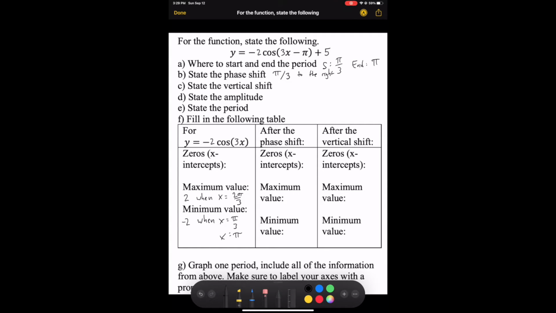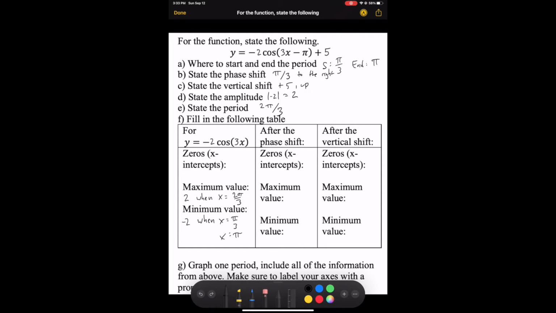The vertical shift, we know that's going to be plus 5, so 5 up. The amplitude was the absolute value of -2, so that's 2. And the period is 2 pi over 3.